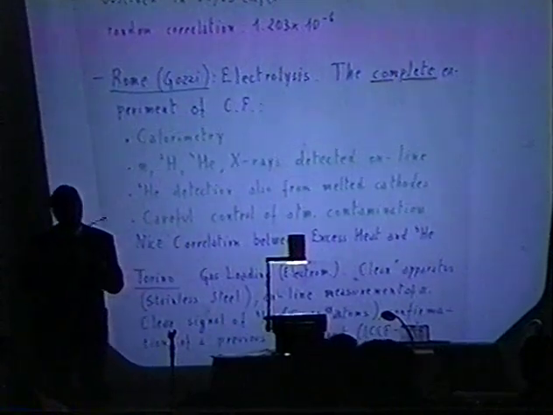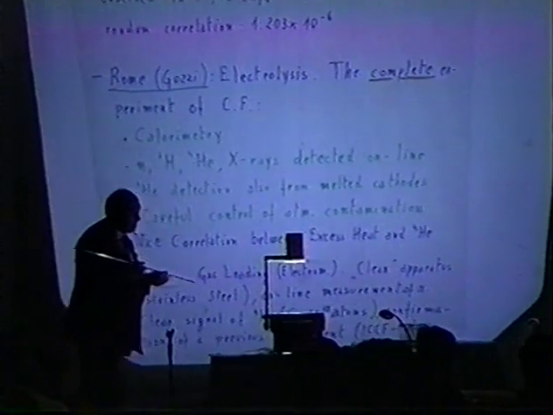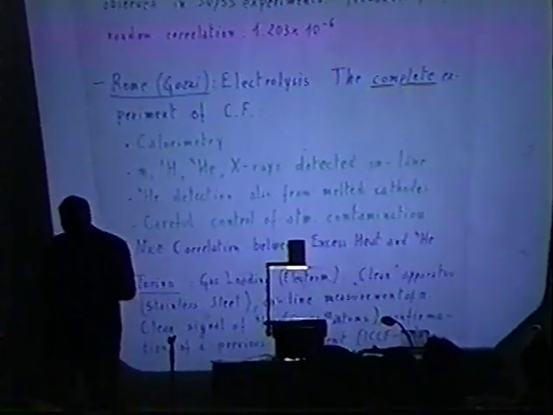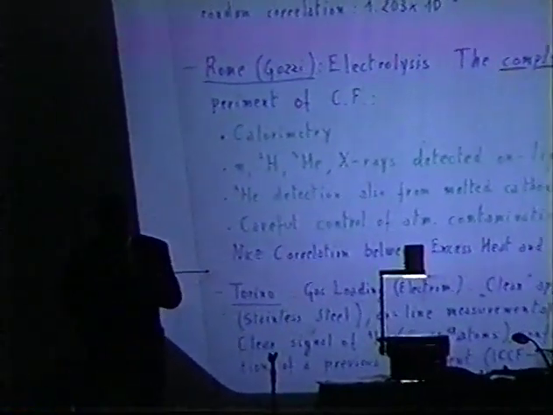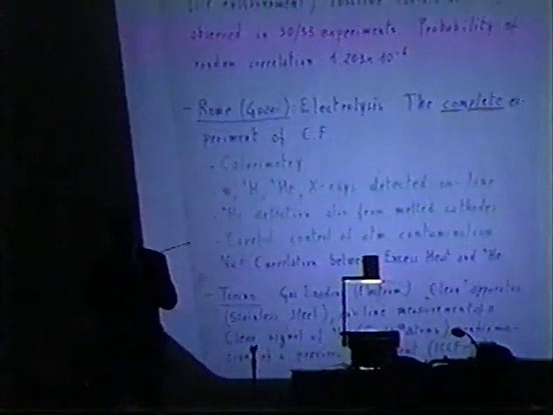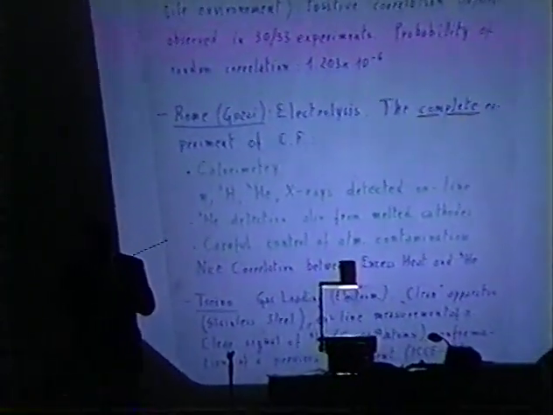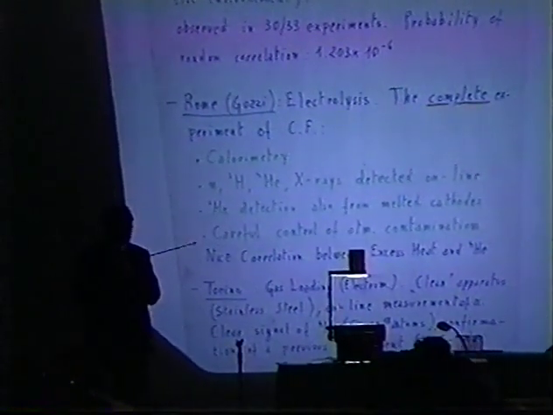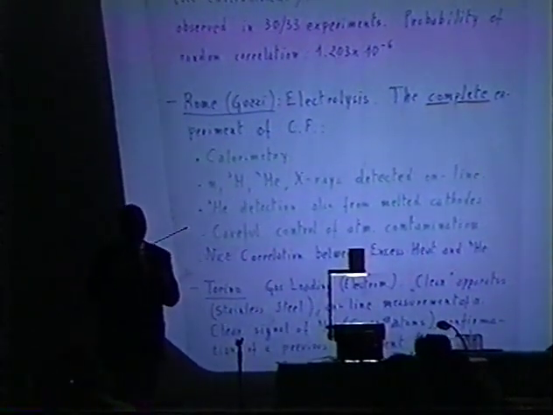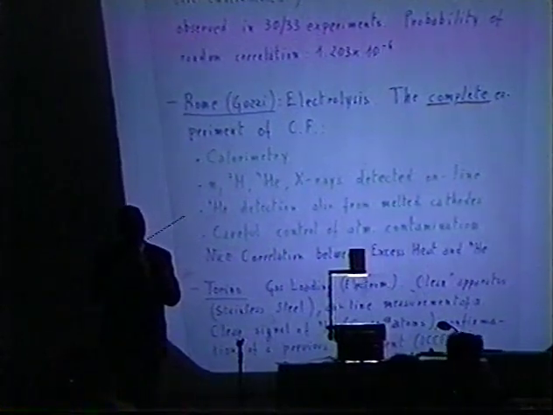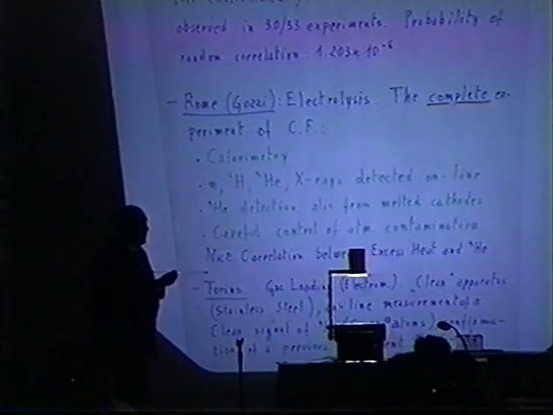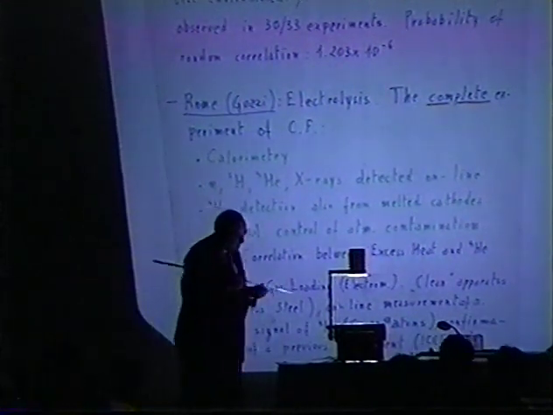In the active experiment there is helium commensurate to the heat which is reported, and this is the usual correlation. What the group of Rome is doing is rather more sophisticated. They are doing a time correlation, which the other experiments, or at least part of them, are not doing. It tries to correlate the temporal evolution of the excess heat with the temporal release of helium.